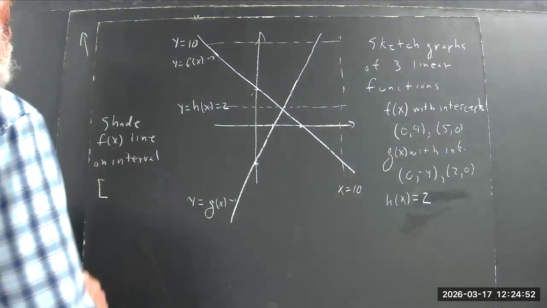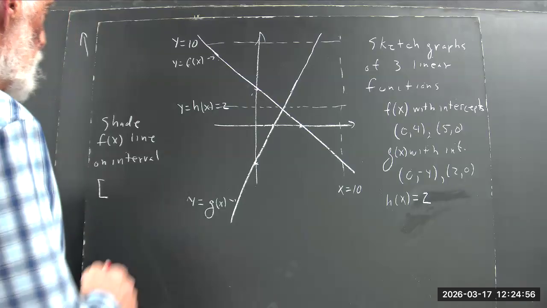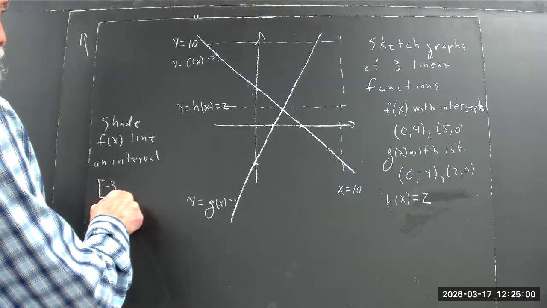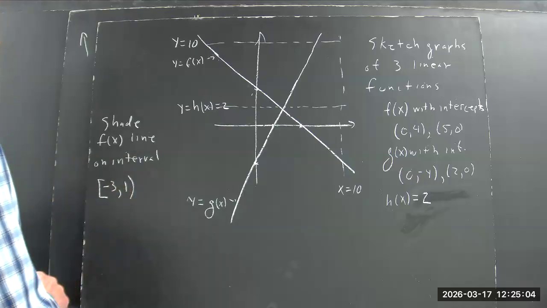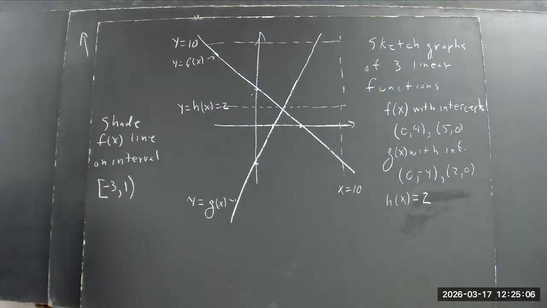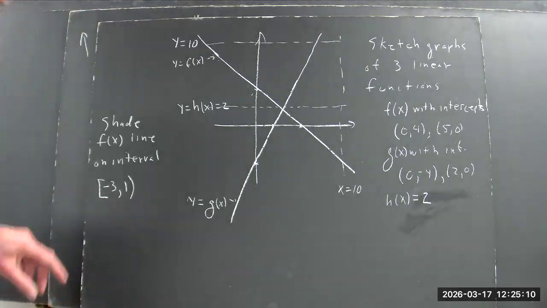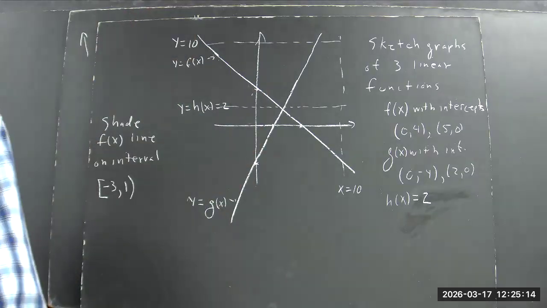Now, let's shade the f(x) line on the interval from -3 to 1. Let's just do that, okay? Can you shade the f(x) line? It just means make it bolder.